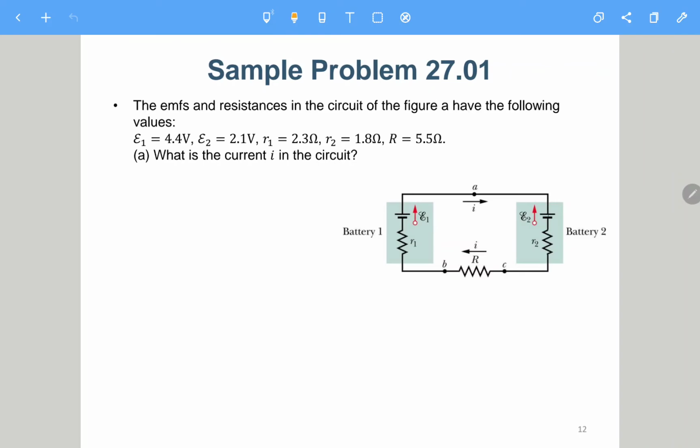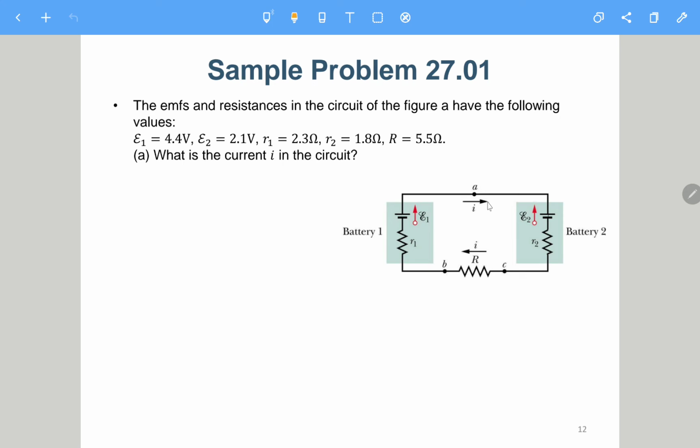Okay, so here we have a sample problem, which is quite easy. It says the EMF and resistance in the circuit have these values: E1, E2, R1, R2, and capital R. What is the current I in the circuit? Current I. So it already defines I in this direction.